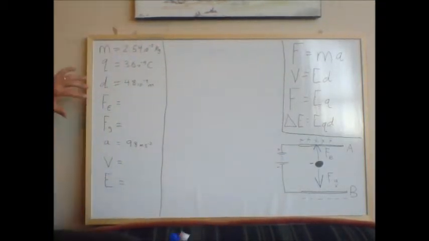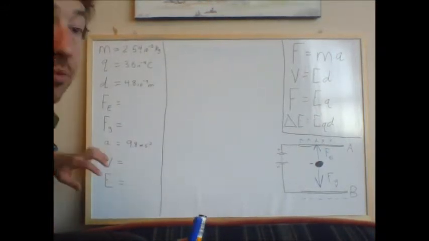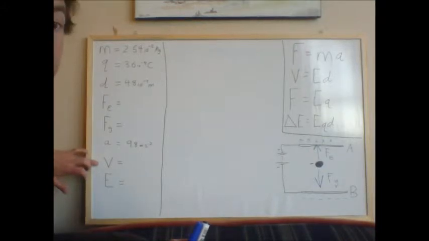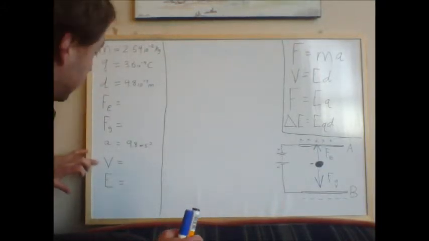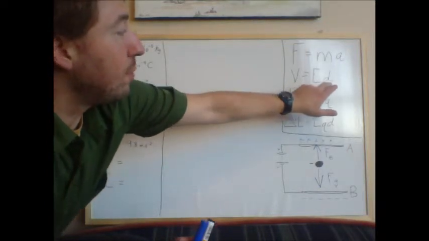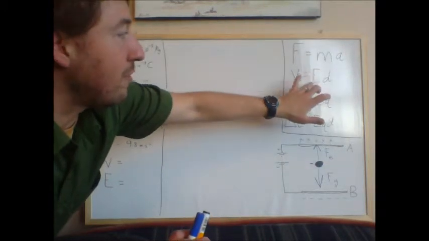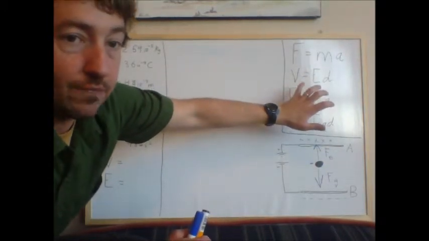We've got a lot of blank information over here, and since we're trying to find voltage, which is going to be our final answer, but we don't know both the distance and the strength of the electric field yet, so it's going to take us a while before we can actually solve for voltage.